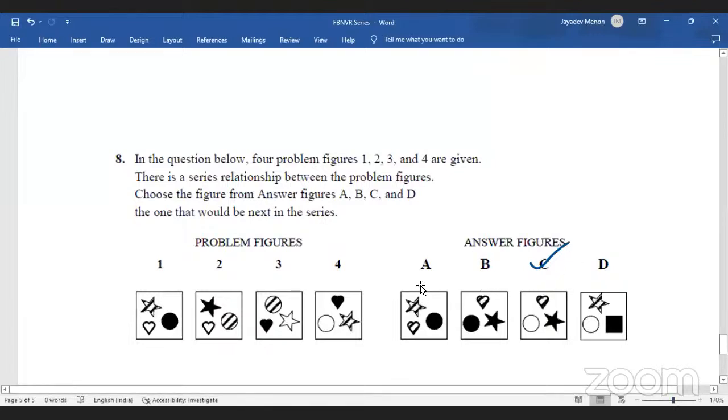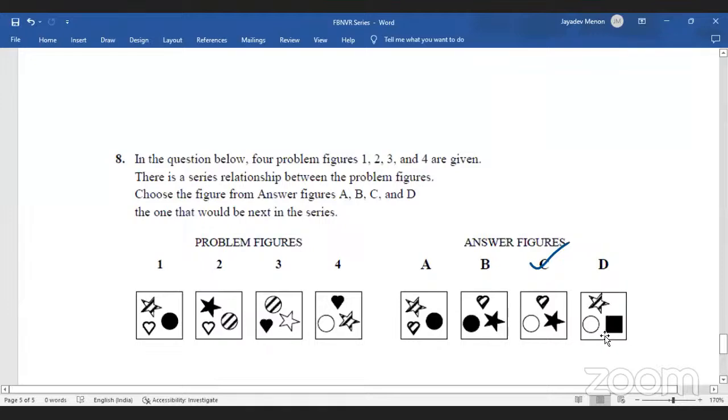In the answer figures, if you look at option A, we have three different shapes, but both star and heart have the same shading. In option B, we have three different shapes, but here the circle and star have the same shading. In option D, the shape itself is different.